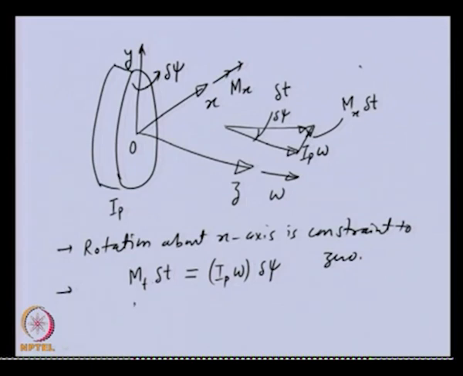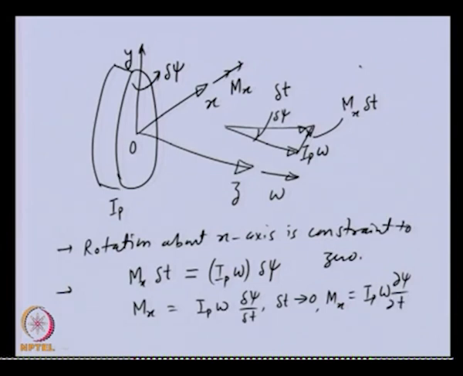We can write this moment Mx, which is nothing but the gyroscopic moment, as Ip omega delta psi by delta t, and in the limit when delta t tends to 0, the gyroscopic moment is Ip omega del phi by del t.